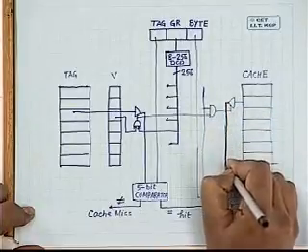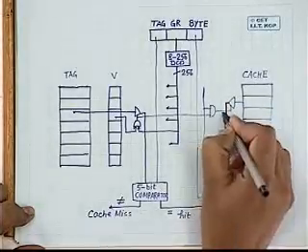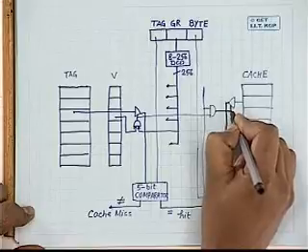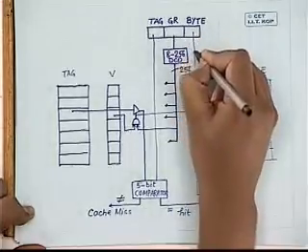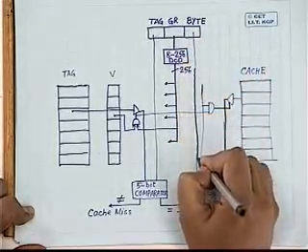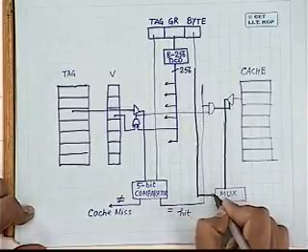Okay, so let's see what effectively we have done. First, we are looking at the group field, trying to identify the group field with the help of an 8-to-256 decoder.